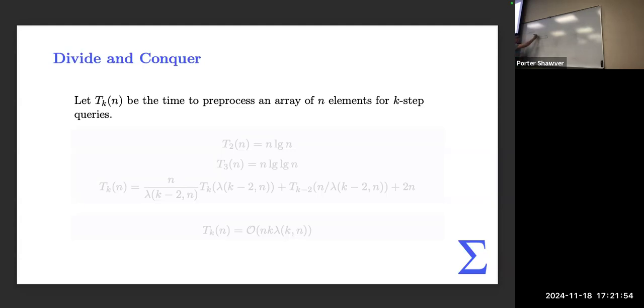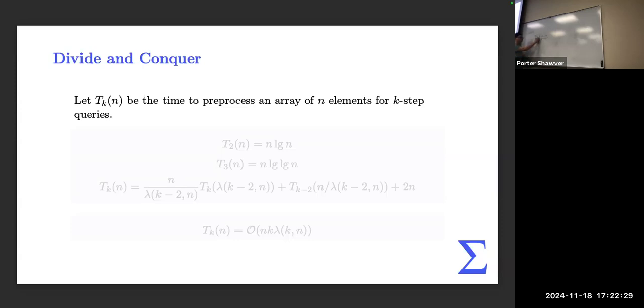Okay. For the 4 case, we're going to do similar things where we divide our array, but in this case, we're going to divide into log n size blocks. And then we're going to have n over log n total blocks. When we make a query, we're going to have 2 types of queries. We have short queries, which are contained entirely within a block. To do these, we're going to pre-process by recursion.